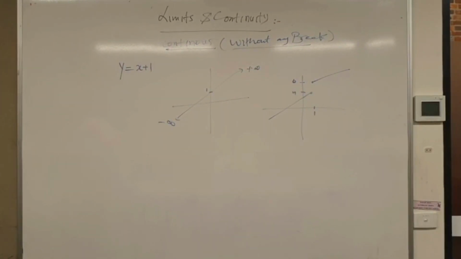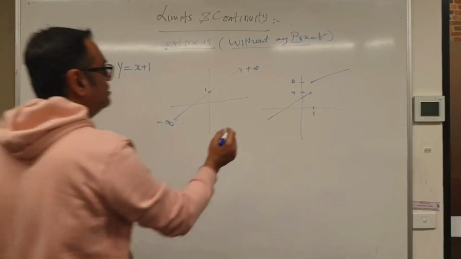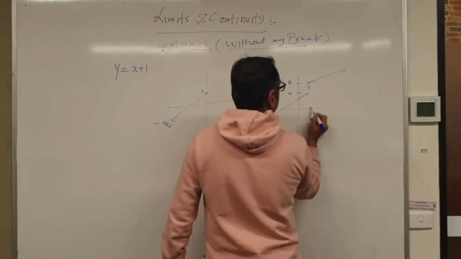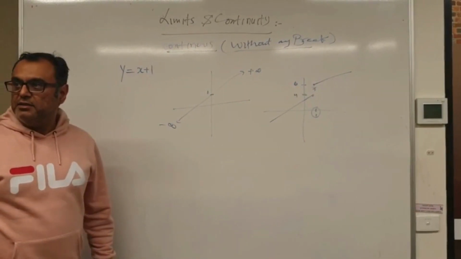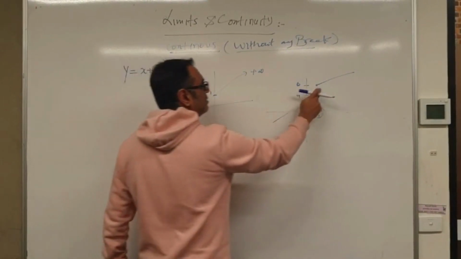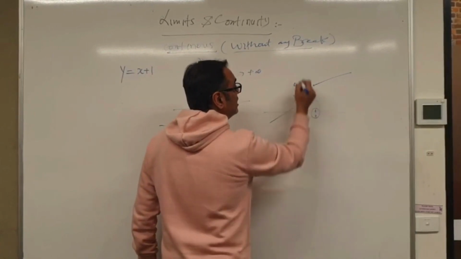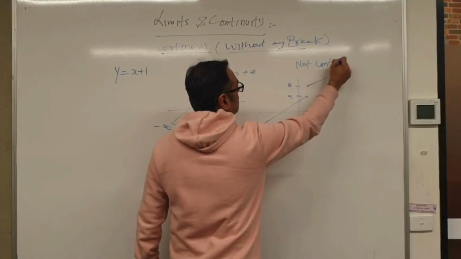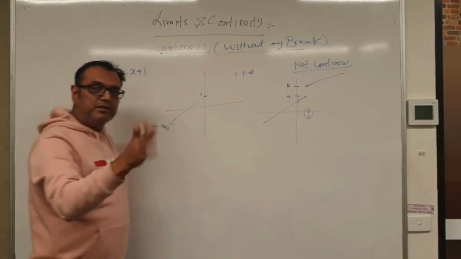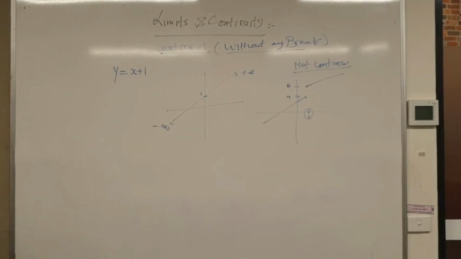It has one break in it, right? That's the break point. At x equals 1, the graph breaks. There's this gap here. So this function is not continuous. In very, very layman terms, plain English terms, this is what continuity means.